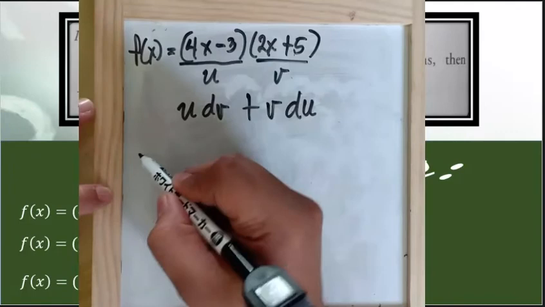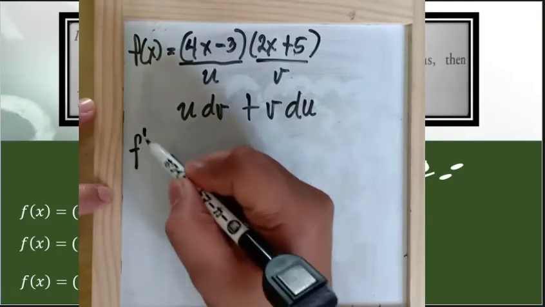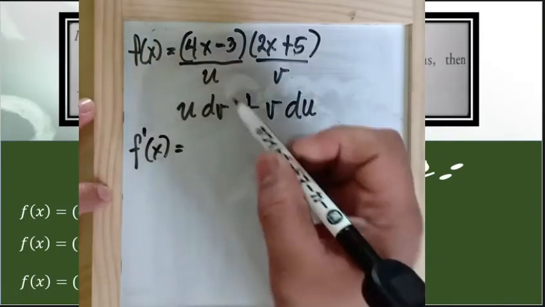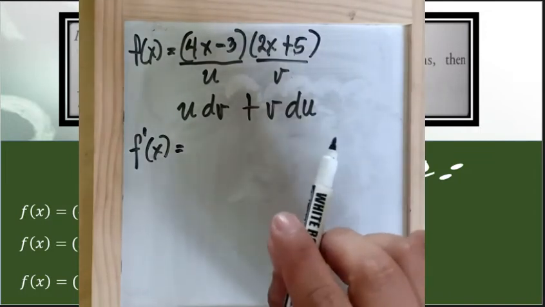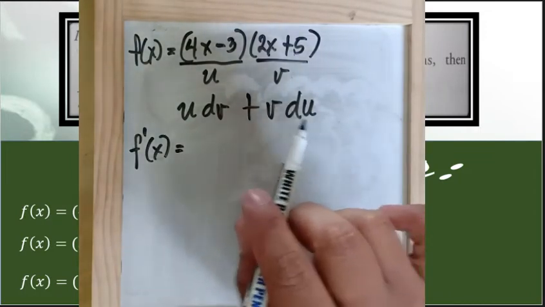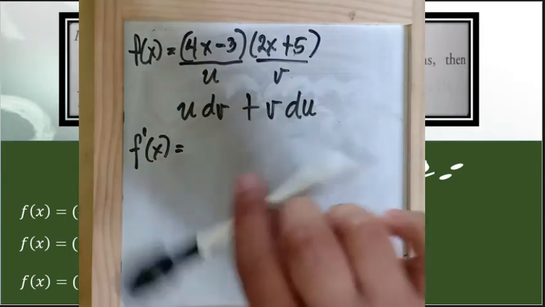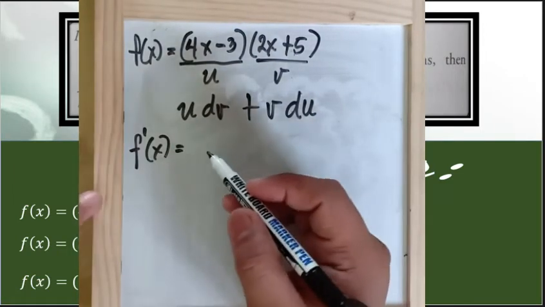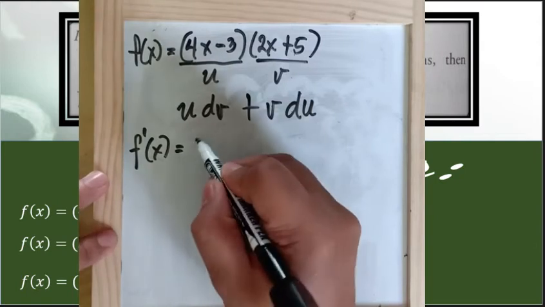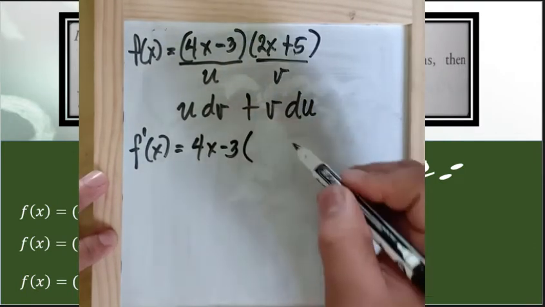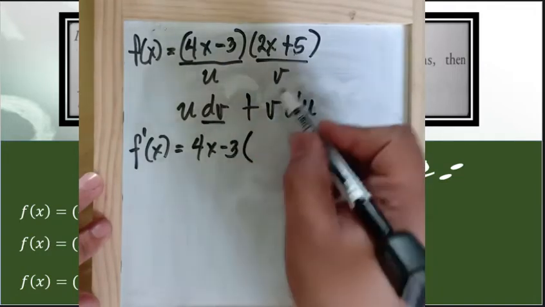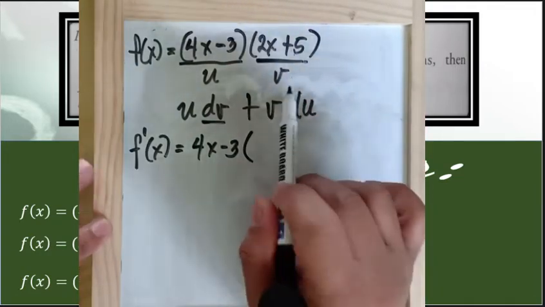Okay, let's do it. So your f prime of x is equal to: always copy your u function, which is your 4x minus 3, multiply to the derivative of the v function. Let's take the derivative.